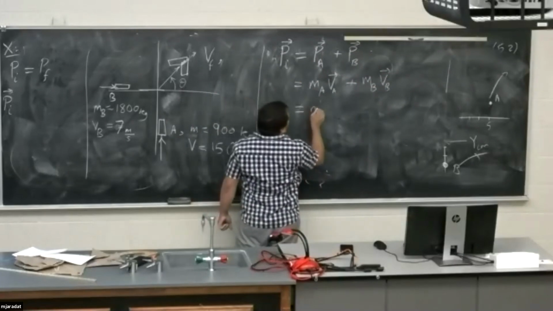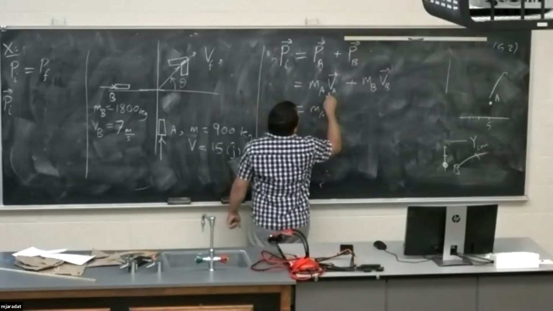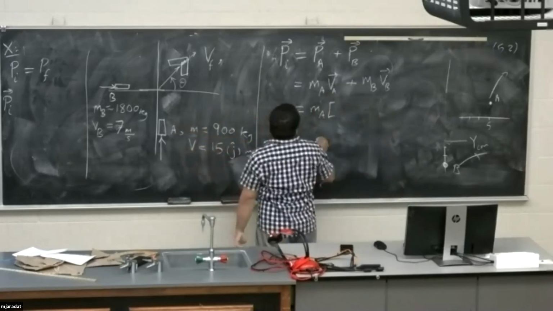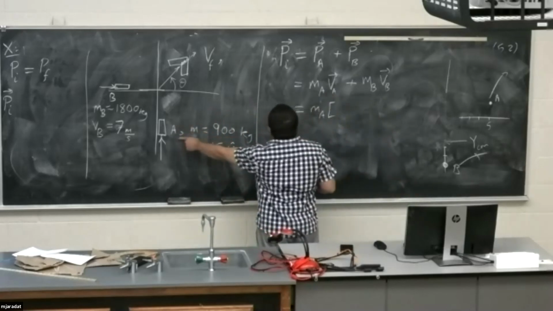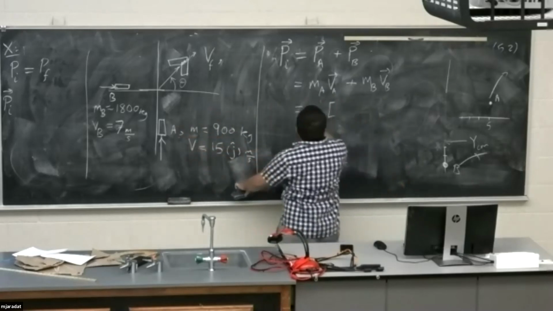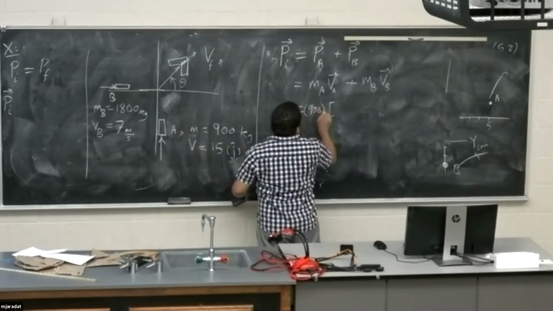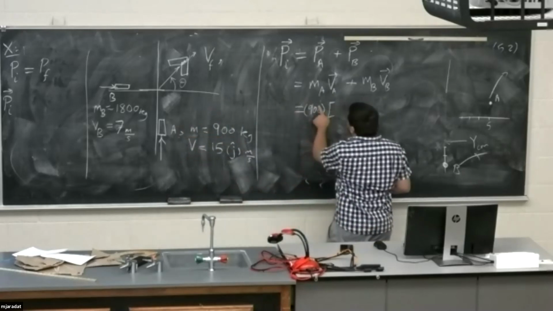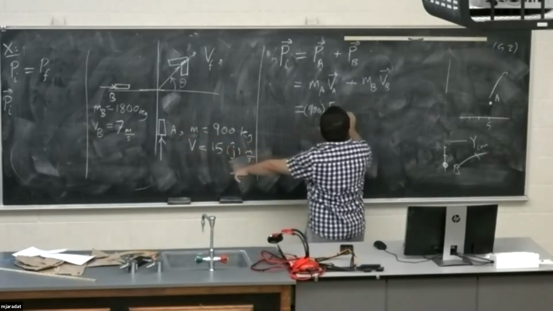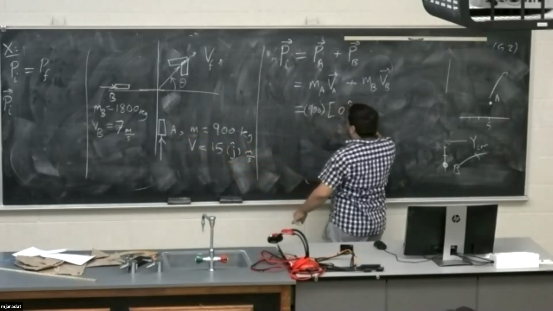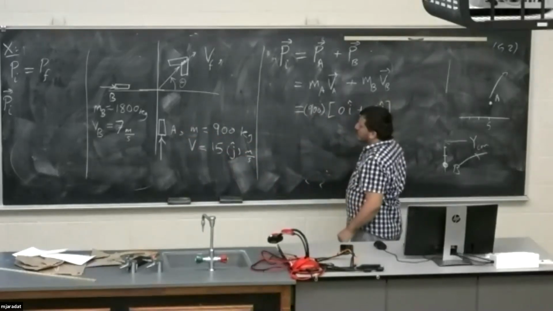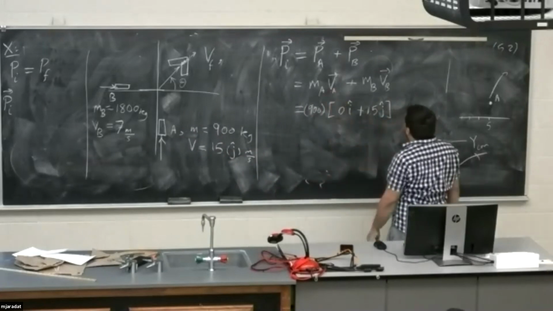So this is equal to the mass of A, which is 900, multiplied by the velocity, which is 0 i hat plus 15 j hat. This is initial.